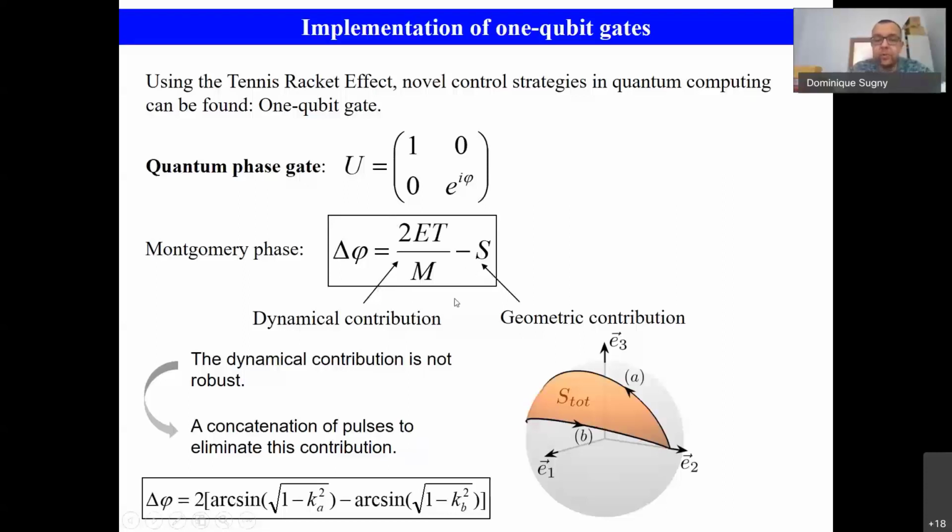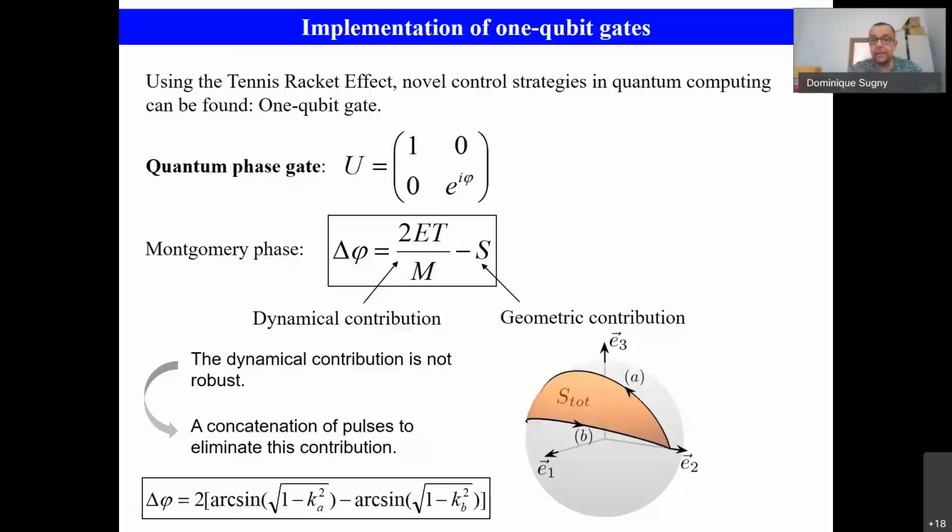The dynamical contribution basically depends on the time of the control process and on the energy, and the geometric one is only described by the area delimited by the closed loop that we consider in the space mx, my, and mz.